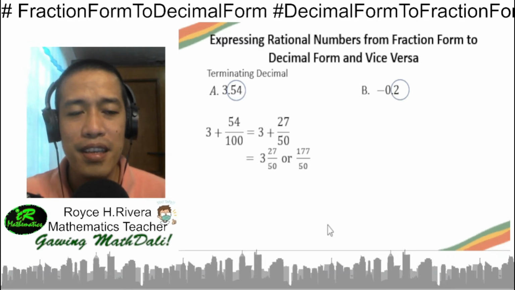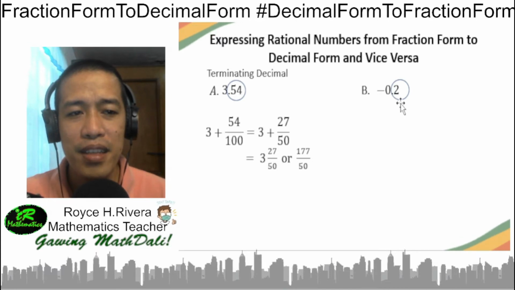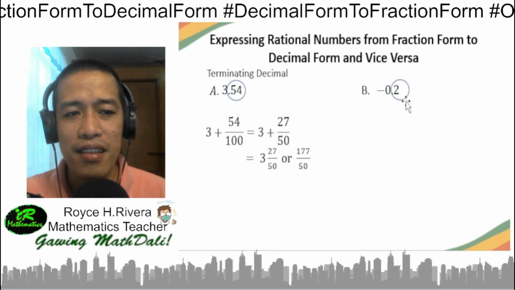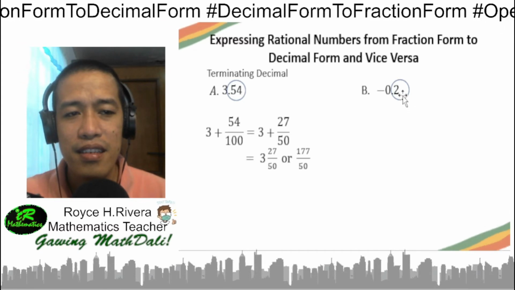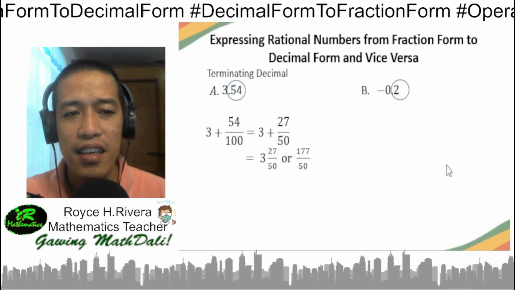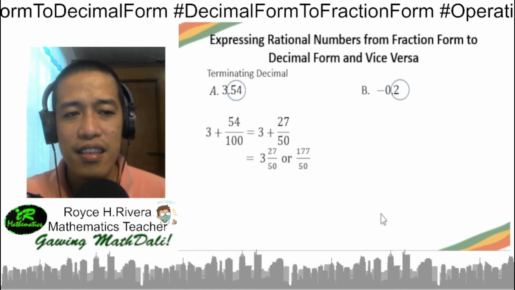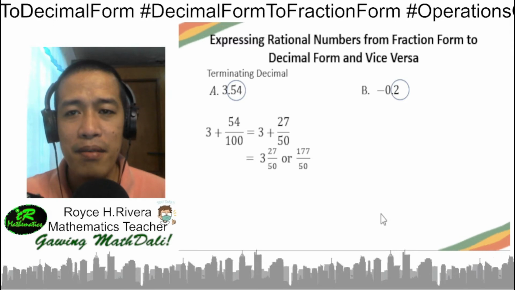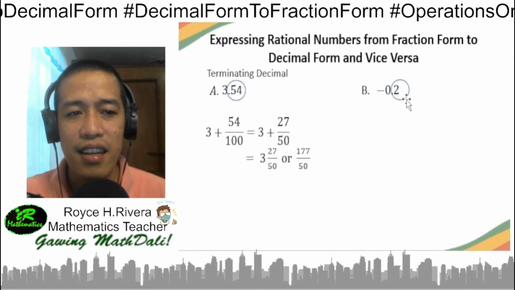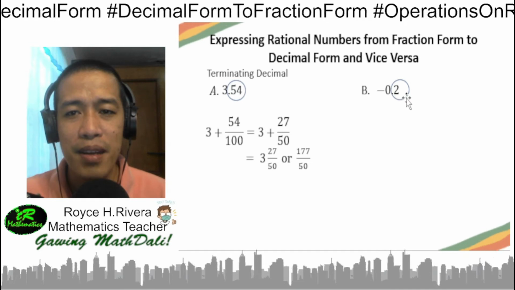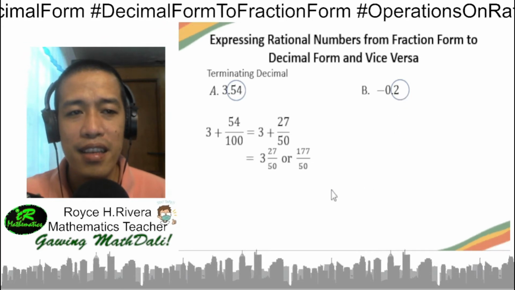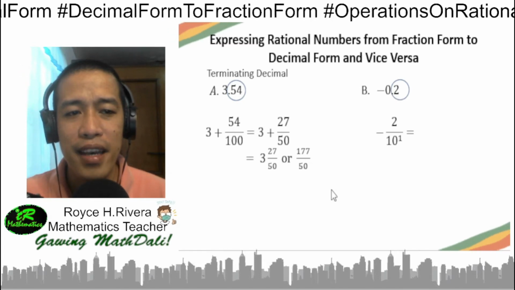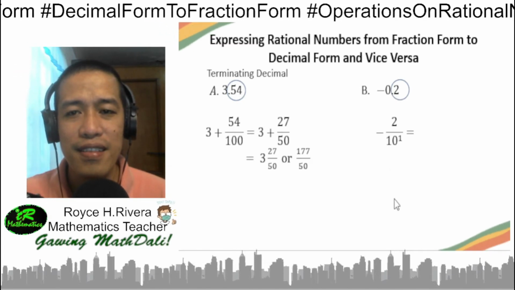For letter B, we will divide the decimal part of the given number, that is 2, by the proper power of 10. Since there is one decimal part, we will divide -2 by 10 raised to 1.